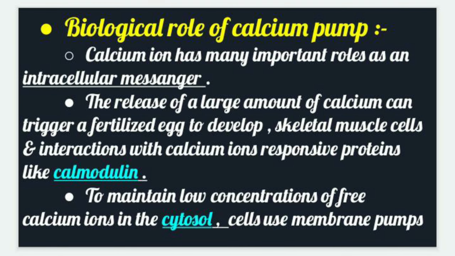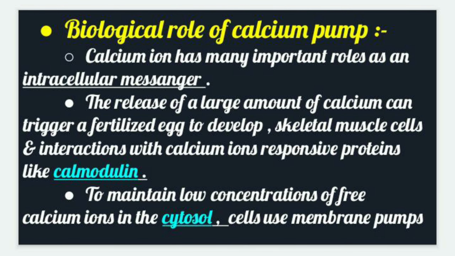Let's talk about the biological role of the calcium pump. Calcium ion has many important roles as an intracellular messenger. The release of a large amount of calcium can trigger a fertilized egg to develop, and skeletal muscle cells to contract, through interactions with calcium-responsive proteins like calmodulin.